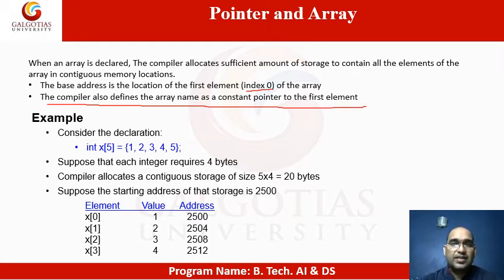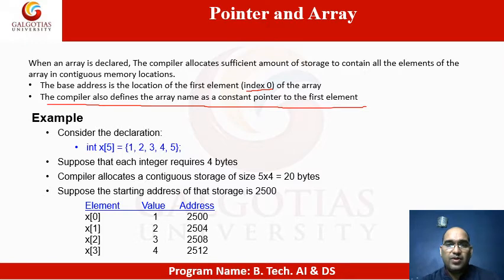Now consider the declaration int x[5] = {1, 2, 3, 4, 5}. Suppose that each integer requires 4 bytes, so the compiler allocates a continuous storage of 5 times 4, that is 20 bytes. Suppose the starting address of the storage is 2500, then the address of x[0] will be 2500, the address of x[1] is 2504, x[2] is 2508, x[3] is 2512.